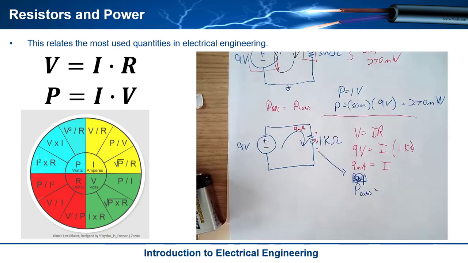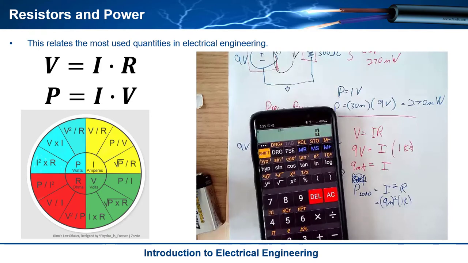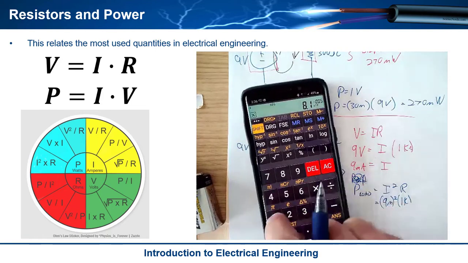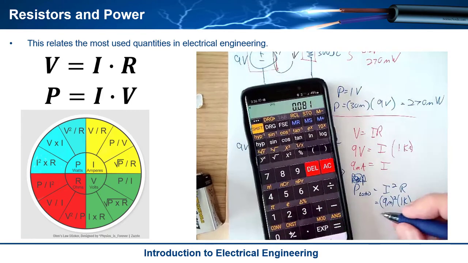That's going to be equal to, what's an easy one? Let's do I squared R. So that's 9 milliamps squared times 1K, and I end up with 0.081, which is 81 milliwatts.